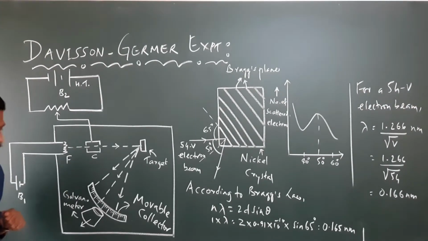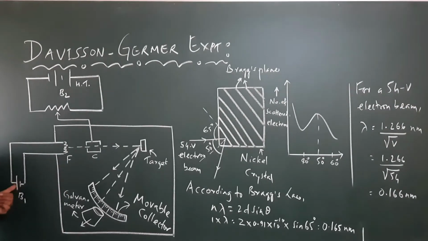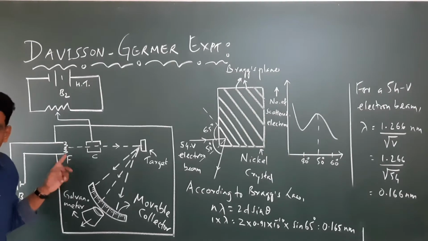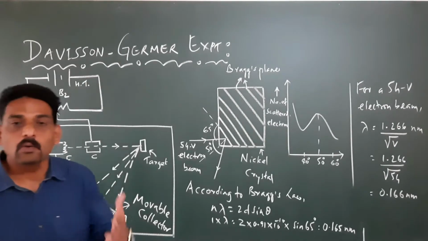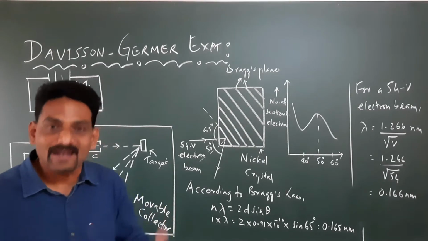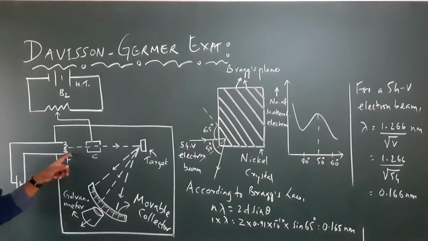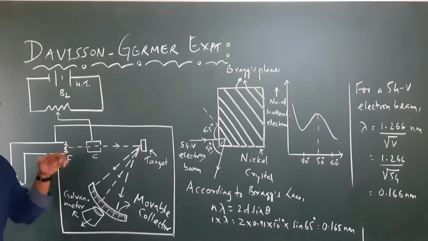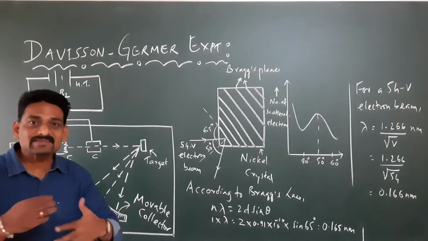Now let's understand the working. When you switch on the battery B1, which is a low tension battery, the filament gets heated up. Once the filament is heated, it liberates electrons.